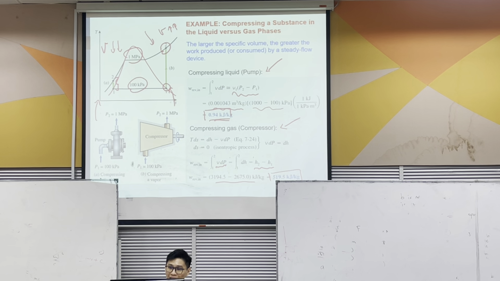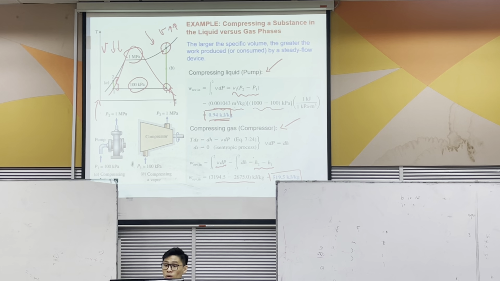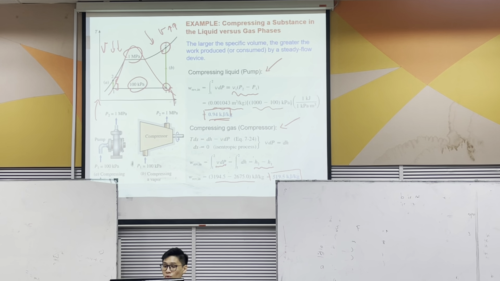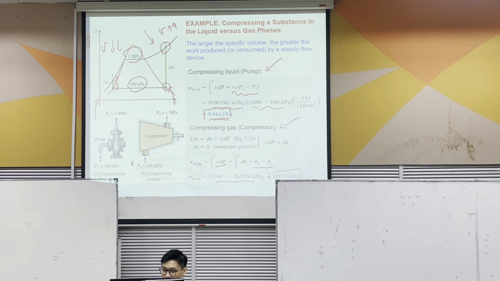This also shows that the larger the specific volume, the greater the work produced. And again for compressing gas, you can't assume constant specific volume. Just by calculating for this, you can see that the difference is about 500 times.